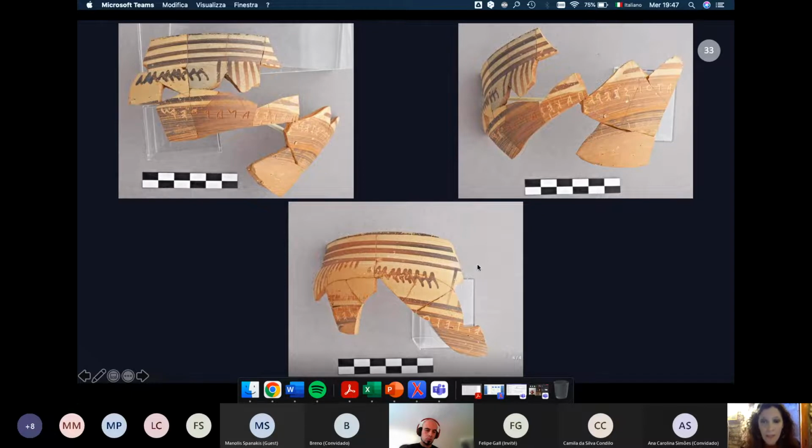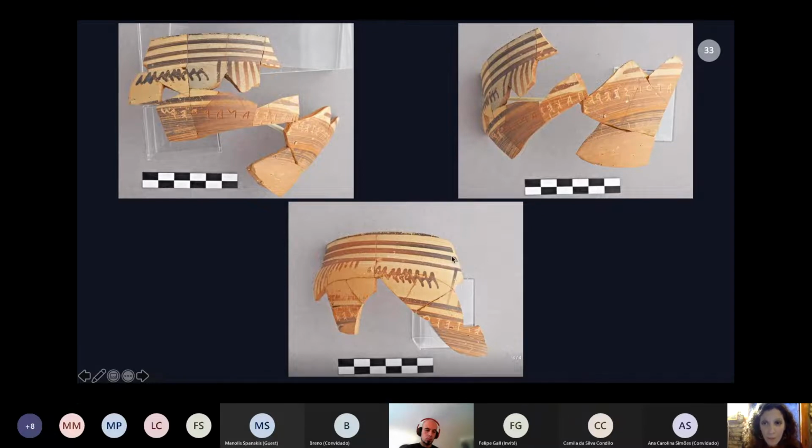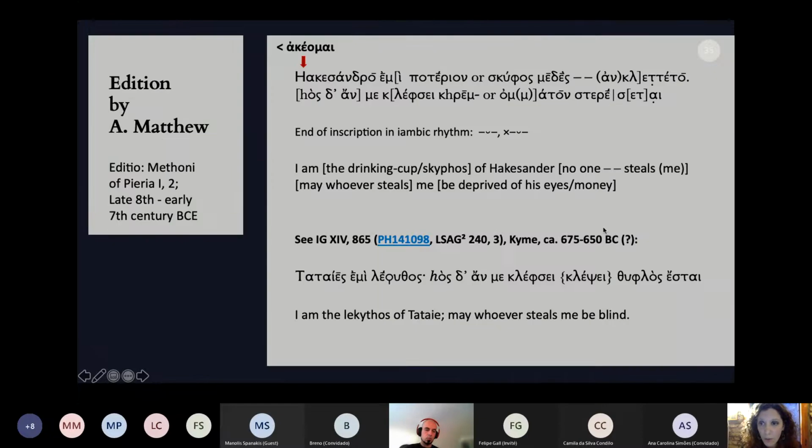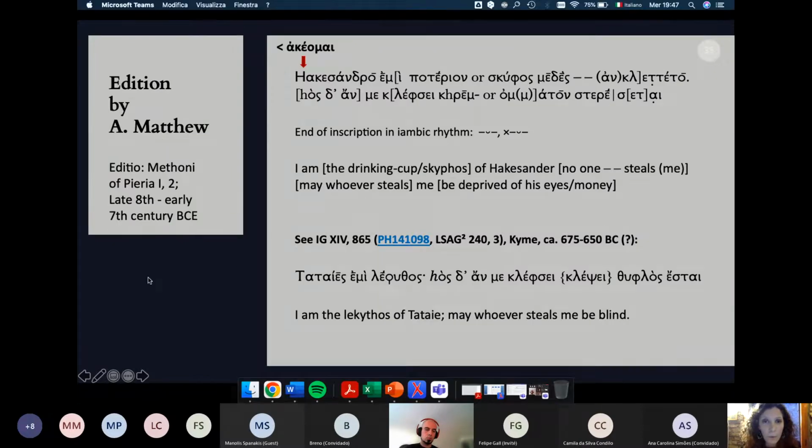And I will show you the edition with an idea of what the text would have been, with the name that is very clear, and it's in a genitive case, and is this Akesandro that is from akeomai, that is to heal, to fix.